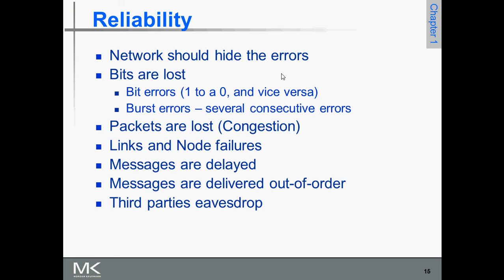There are hundreds of causes for these link and node failures. Then we have other problems. Messages are delayed due to underlying causes. Finally, security issues, that is third party drops. So our network should be capable of handling all these problems. Practically it is not possible to create a network without these problems, but still our network should be capable of recovering from these problems as soon as possible.